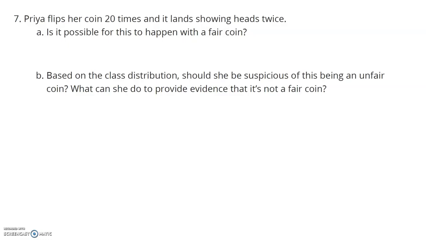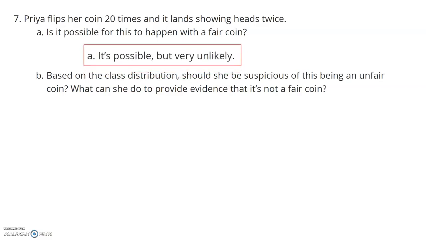For these ones, you have to choose a side and defend it. So here they say it's possible, but it's very unlikely. You might say it is not possible, and it's not very likely to happen.